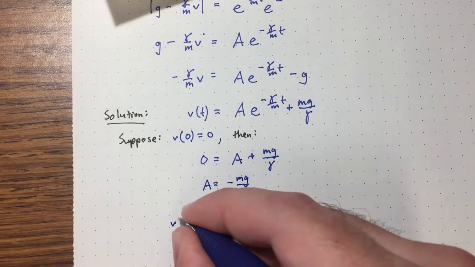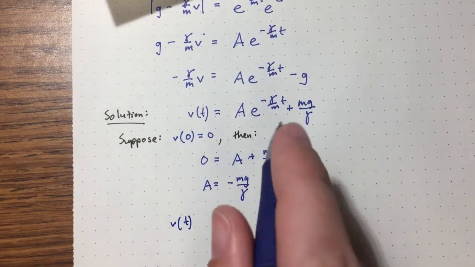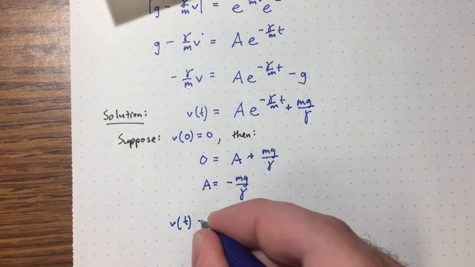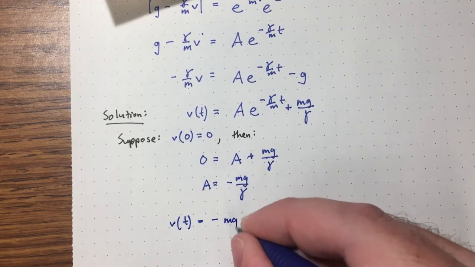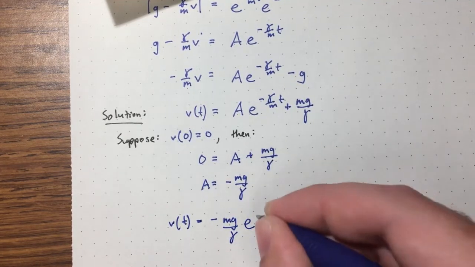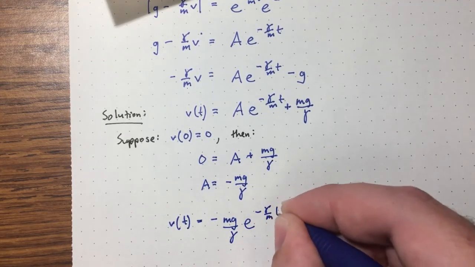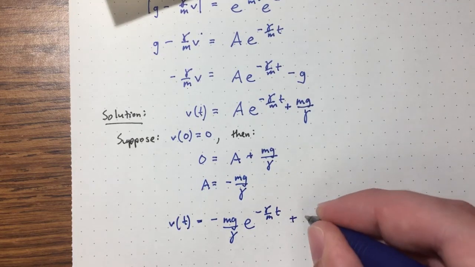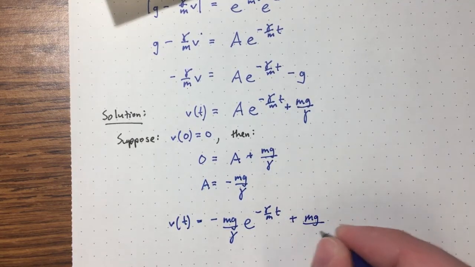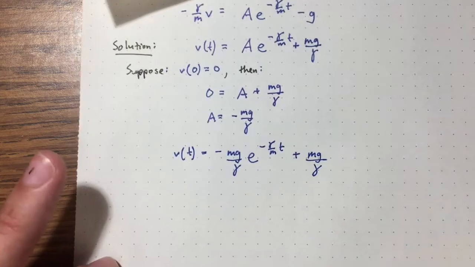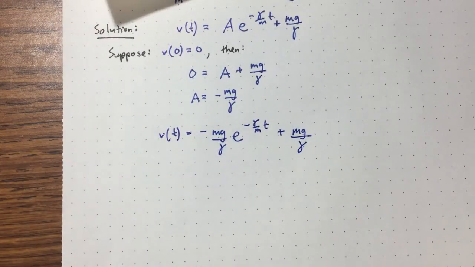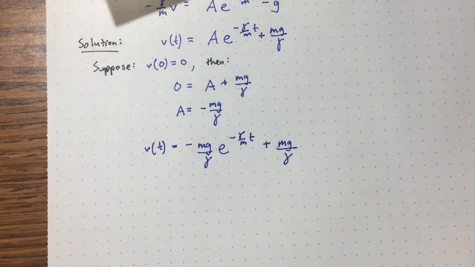So let's replace a with negative mg over gamma. So we have negative mg over gamma e to the negative gamma over m t plus mg over gamma. And this is supposed to represent the velocity of my object at any time t.